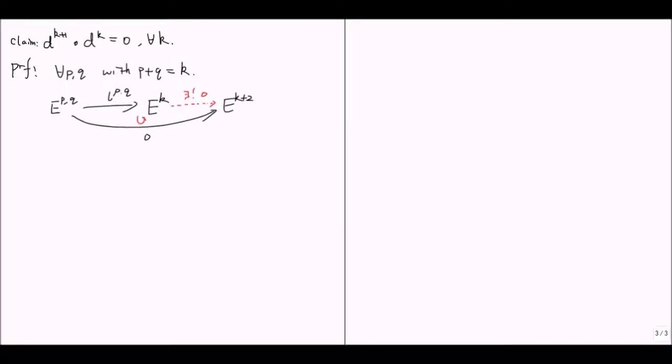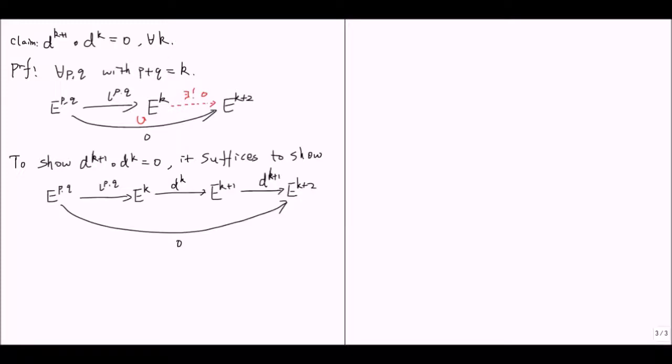Now, to show that d^{k+1} composed with d^k is 0, it suffices to show, let's look at this diagram, that this diagram is commutative for each p, q with p plus q equal to k.